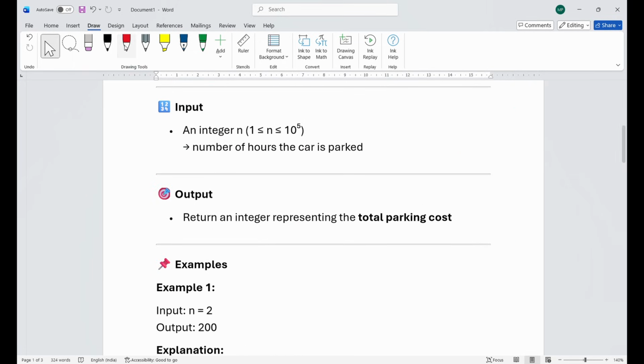They also state that input n will be an integer ranging from 1 to 10 to the power 5, so n will be a valid positive integer, not 0 or less than 0. This represents the number of hours the car is parked. The output they're expecting is the total parking cost.